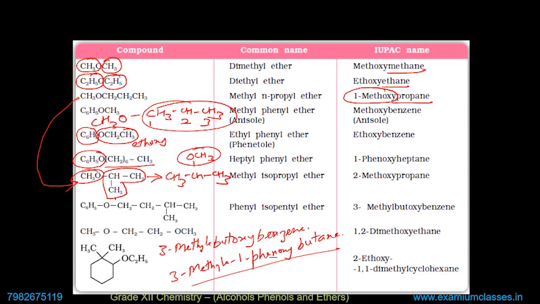Understand why? This is considered as the main chain, but because here something is connected at the first carbon, this will be the first carbon, second, third, fourth. On the first carbon you have phenoxy, on the third carbon you have methyl, but methyl, M, comes before P. So that's why 3-methyl-1-phenoxybutane. But this one is widely used, so you should use this one.